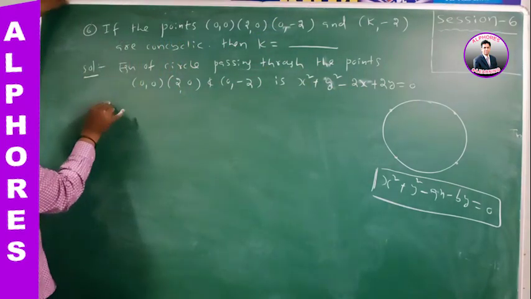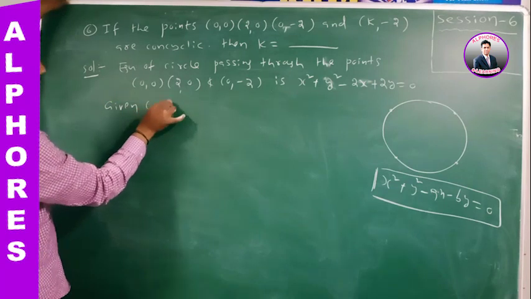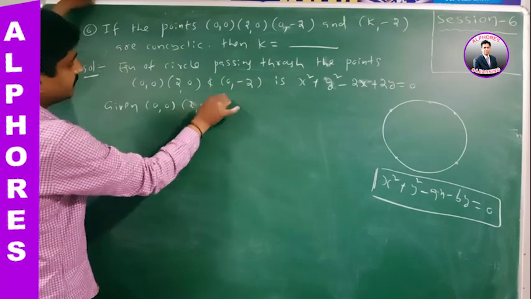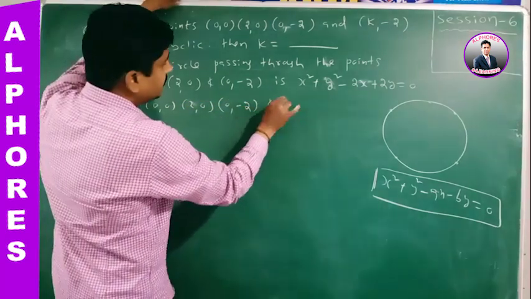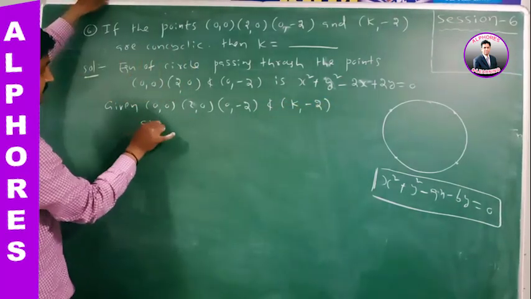Here given 0, 0, 2, 0, 0, -2 and k, -2 are concyclic.